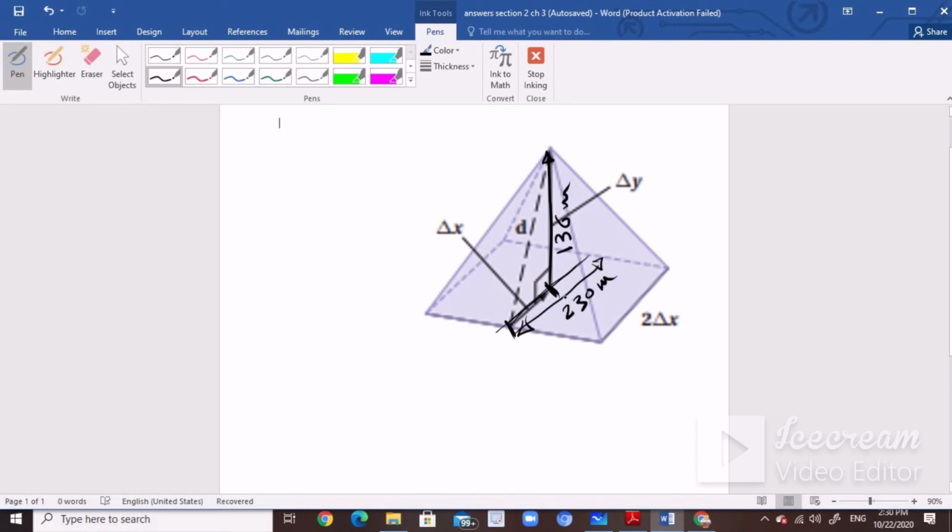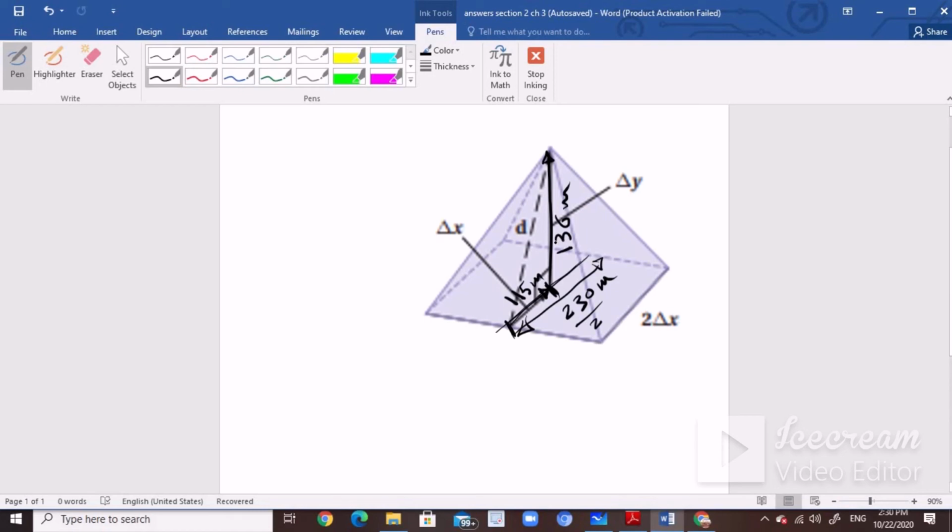It equals approximately 230 divided by 2 equals 115 meters. Now we have this part equals 115 meters. Now the adjacent is 115 and the opposite is 136 meters.